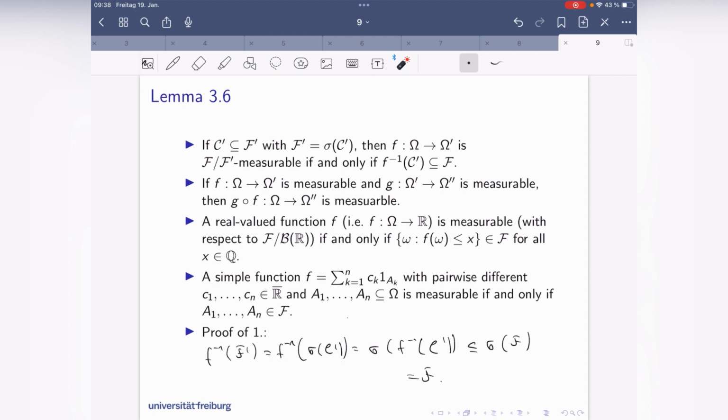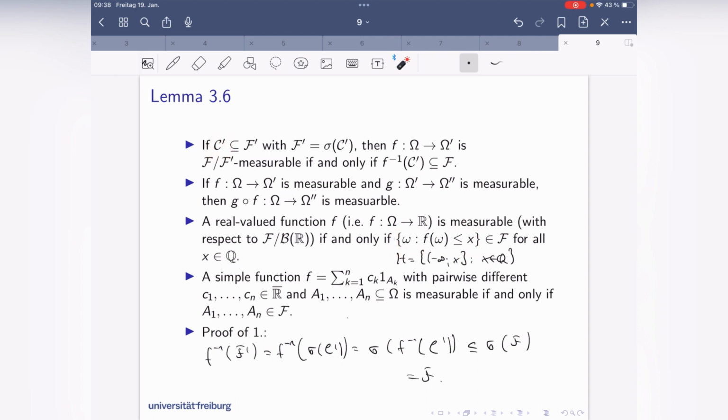Another thing, which also uses the first one which we had: a real valued function is measurable if and only if these sets here are measurable. And the reason is that the set system minus infinity to x, with x in Q, generates the sigma algebra, the Borel sigma algebra on R. So what is written here plays the same role as the C prime above.